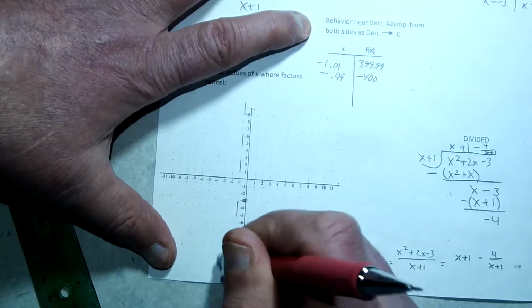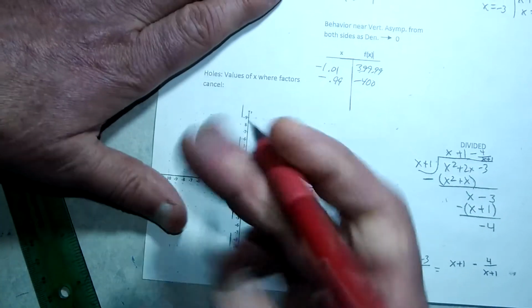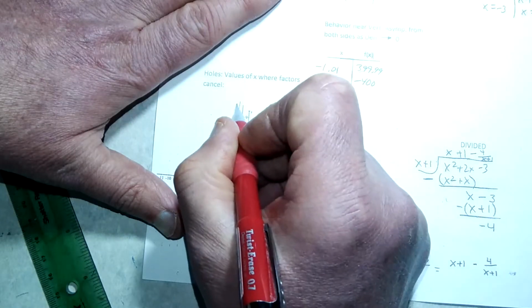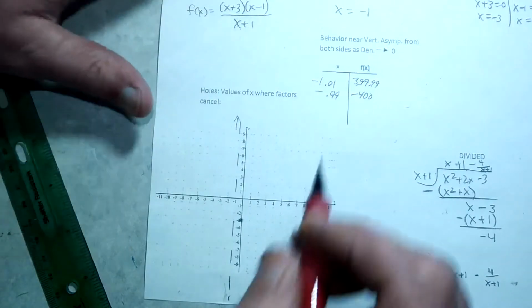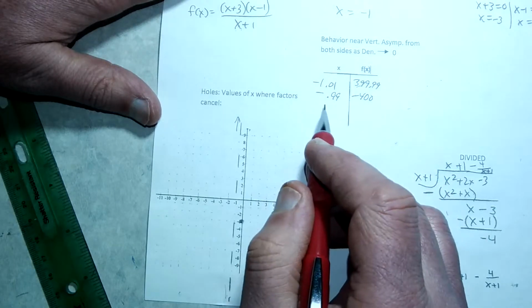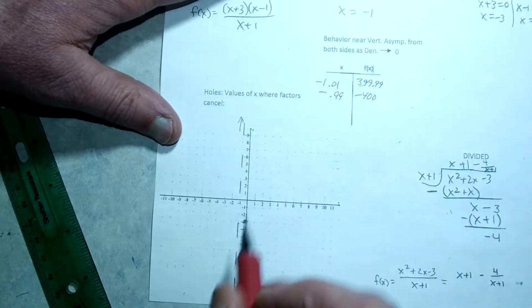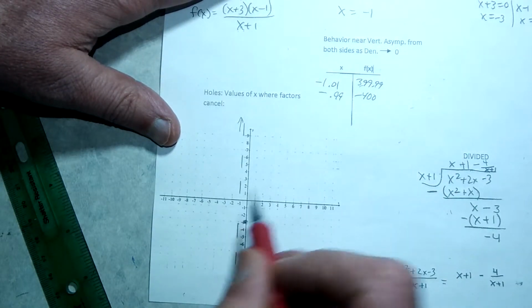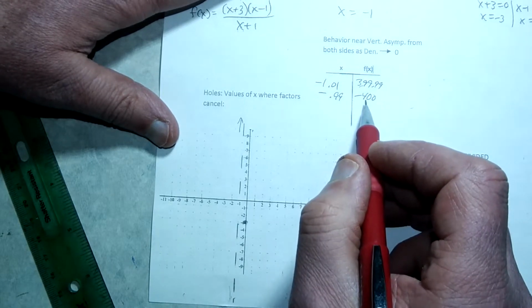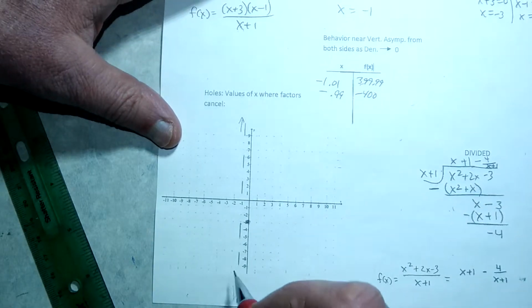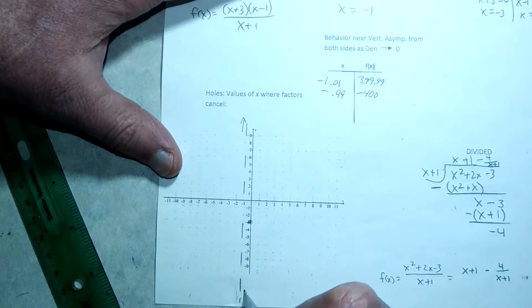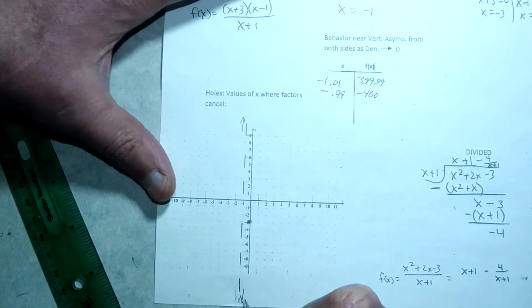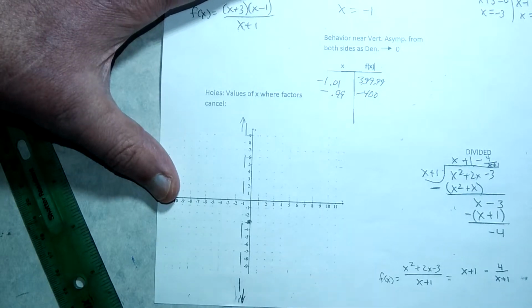It's going to be way up here. Okay, so yeah, it's a positive 400. Then if I approach it from the right-hand side, negative 0.99, I get a really big negative number, and so on the right-hand side the function is going to go way down, right, like this.